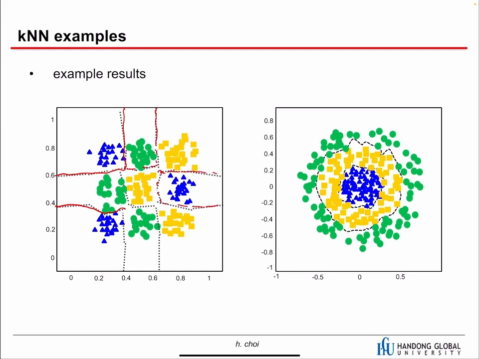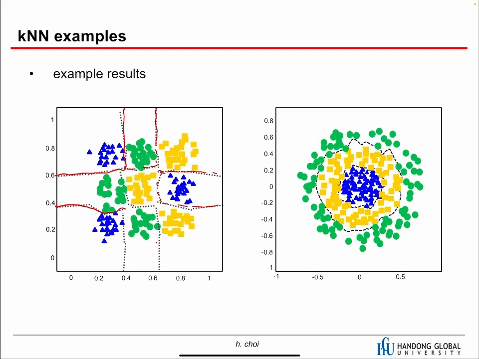This boundary is also kind of imaginary. When we apply kNN, we cannot see boundaries. We can classify, but we cannot see this boundary. So if we want to draw boundaries, you have to put some imaginary points, and then you have to classify.